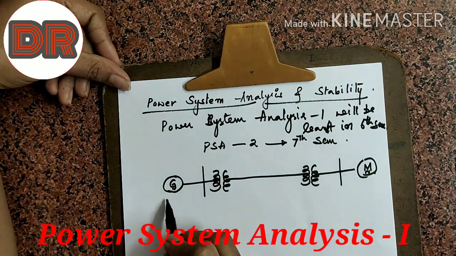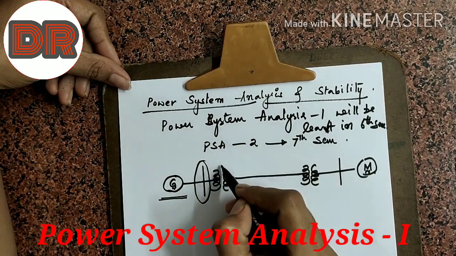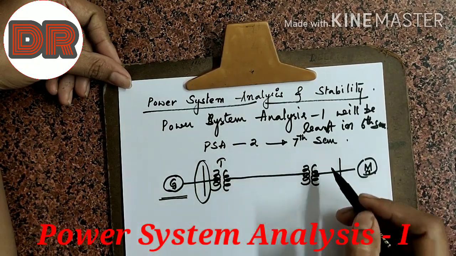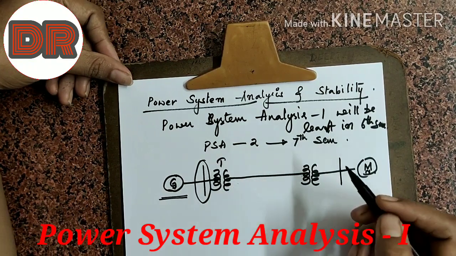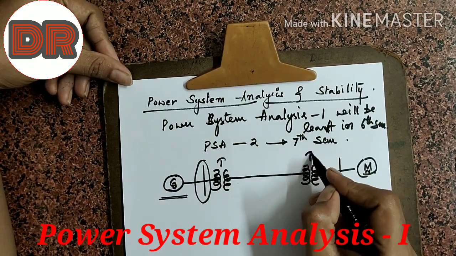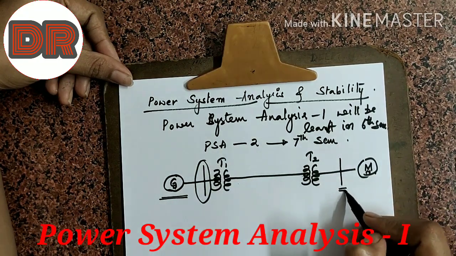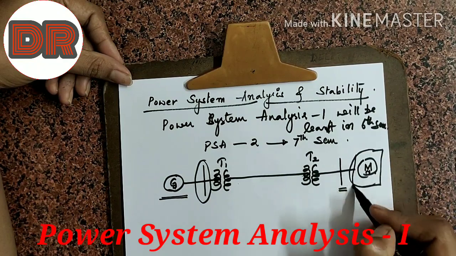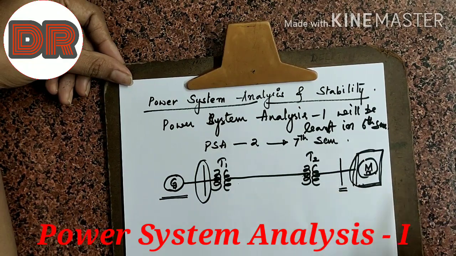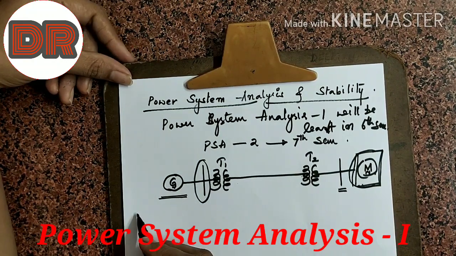So you can see here, this is a generating station and this is a bus bar and this is a step up transformer, and from here to here, this is a transmission line, and this is a step down transformer, and we have one more bus bar and the load. Here I have taken a motor as a load, and this is a simple power system network.